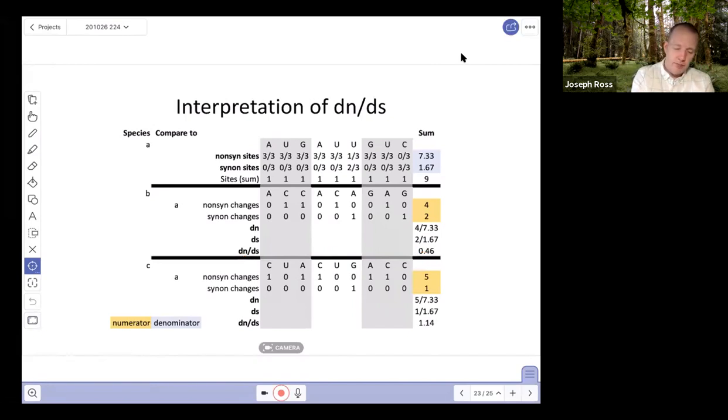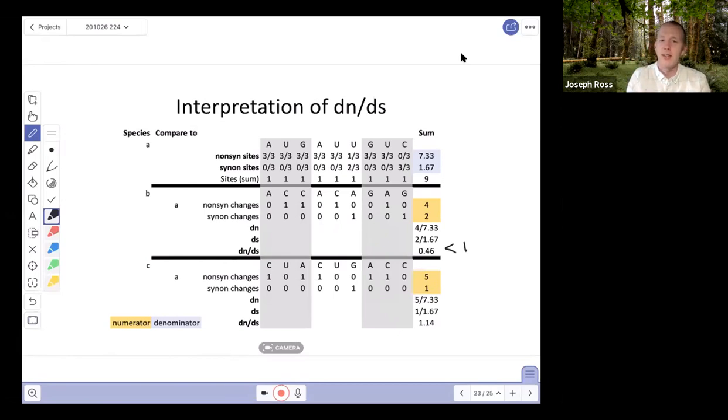In this case, when we see a value of dn/ds less than 1, that seems to indicate that we're seeing fewer non-synonymous mutations than we'd expect, which we interpret to mean that when non-synonymous changes do happen, because they will happen, since mutation is random and any nucleotide is subject to mutation, they don't stick around evolutionarily long enough to exist in the population so that we could collect an individual, extract its DNA, and get that DNA sequence.